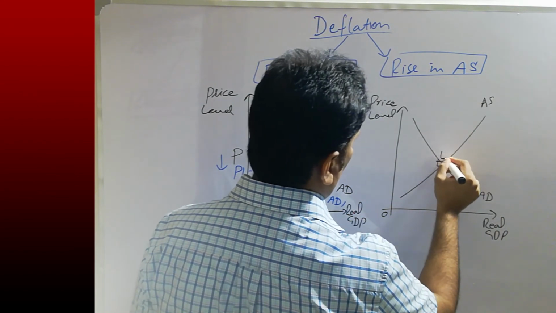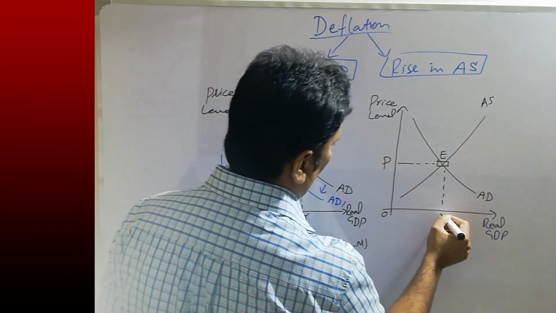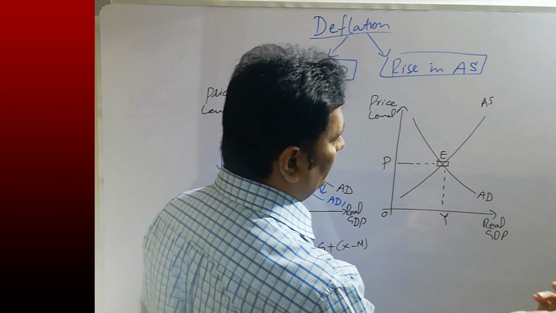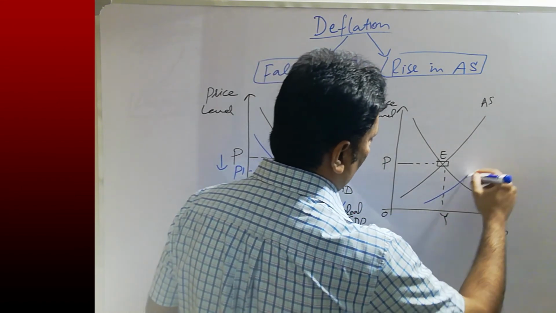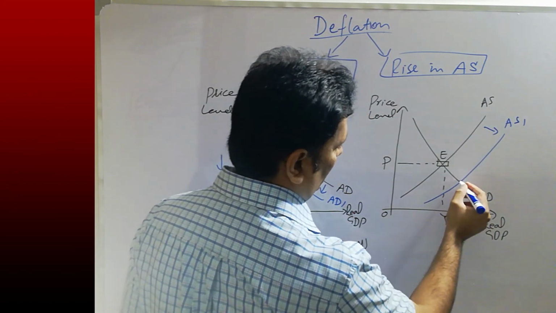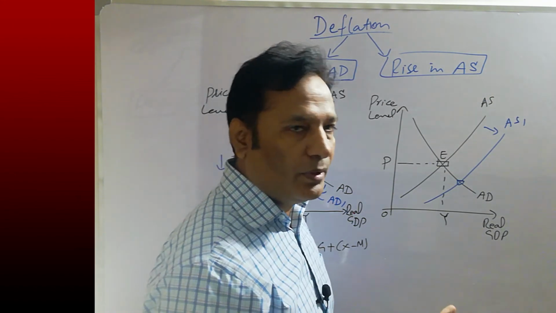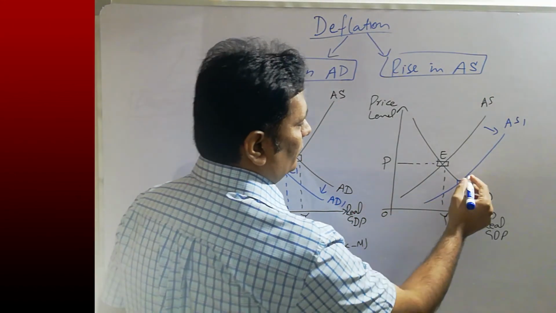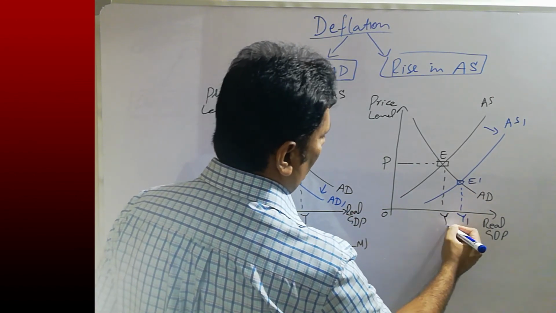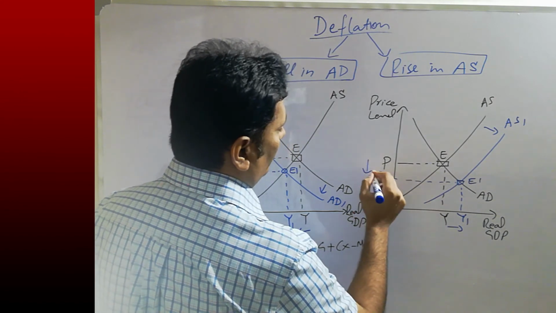Equilibrium is taking place at point E, where general price level is P and real GDP is Y. Now if there is rise in aggregate supply, the aggregate supply curve will shift to the right, and new aggregate supply is AS1. The new equilibrium will take place at point E1, where the new aggregate supply curve intersects the aggregate demand curve. So now real GDP is Y1, which has increased, and price level is P1, which has fallen.